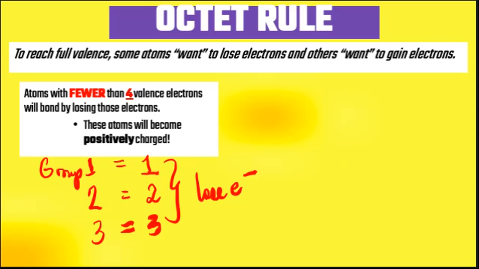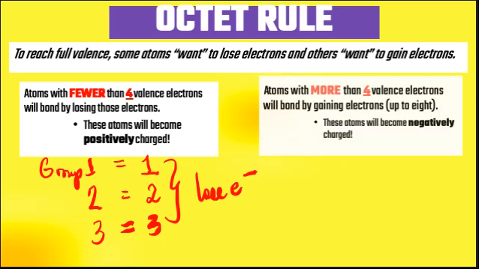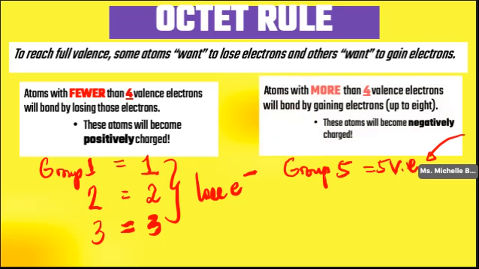Okay. So, atoms with more than 4 valence electrons will bond by gaining electrons in order to achieve the full valence. So remember, group 5 has 5 valence electrons, which means that in order to achieve full valence, it needs to gain 3 electrons.